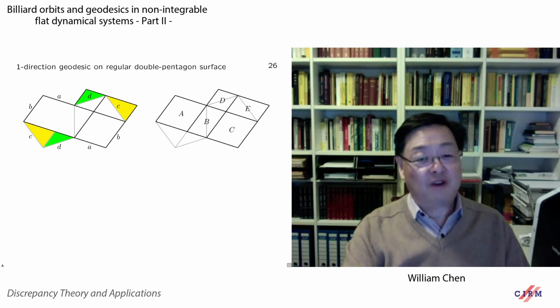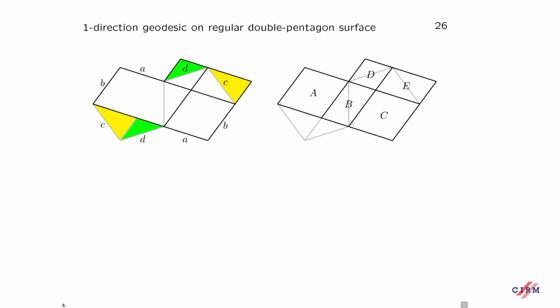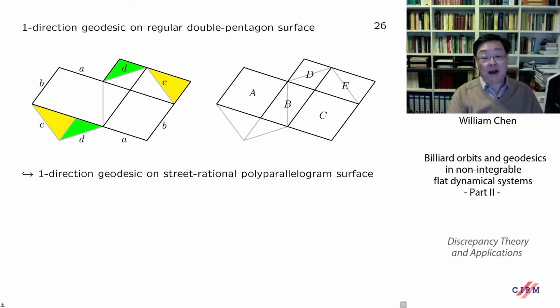Again, moving the triangle C from the bottom left to the top right, and moving the yellow triangle from the bottom left to the top right, and moving the green triangle from below to above, we end up with the figure on the right, which is a street rational polyparallelogram surface.